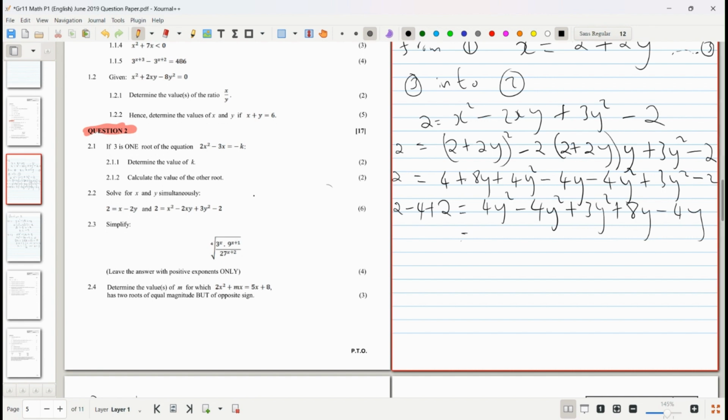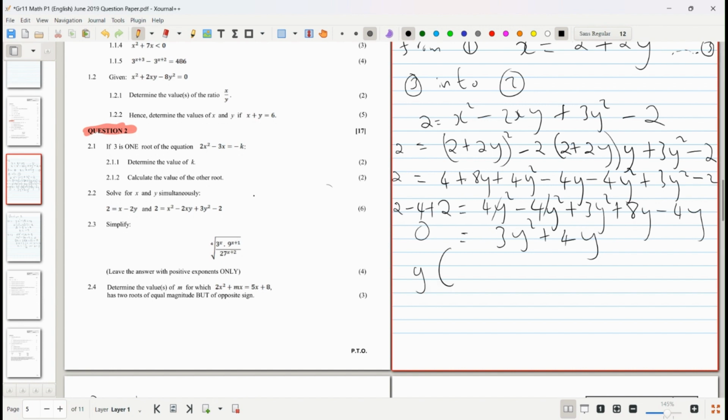So here 2 minus 4 plus 2, we get 0. And then we can see that 4y squared minus 4y squared will cancel to be 0. So we'll have 3y squared. And then 8y minus 4y will have plus 4y. So we can see from here the common factor here is y.